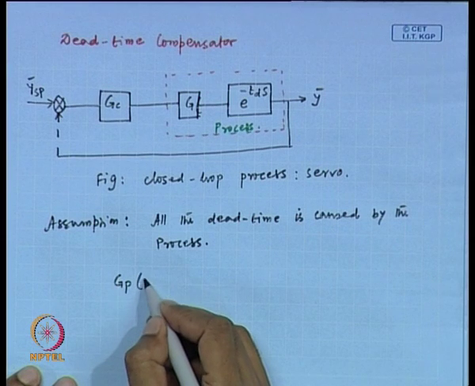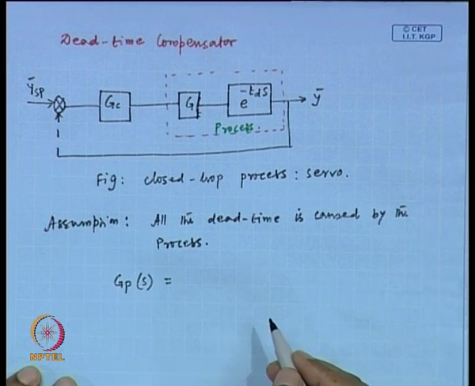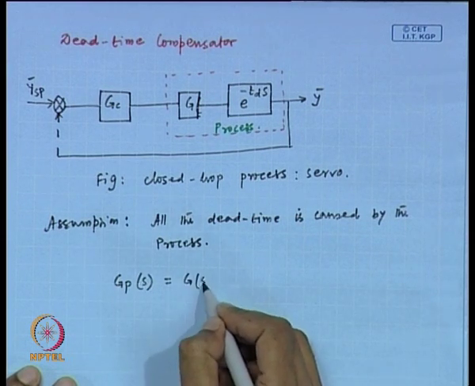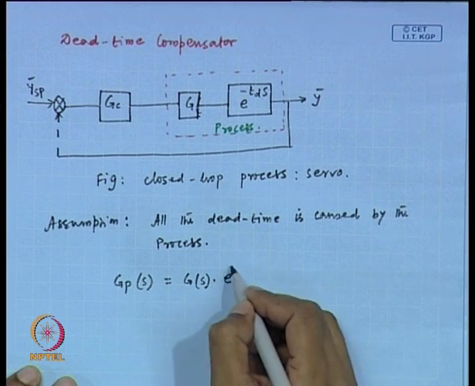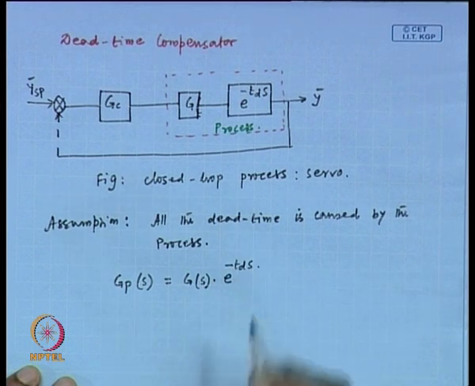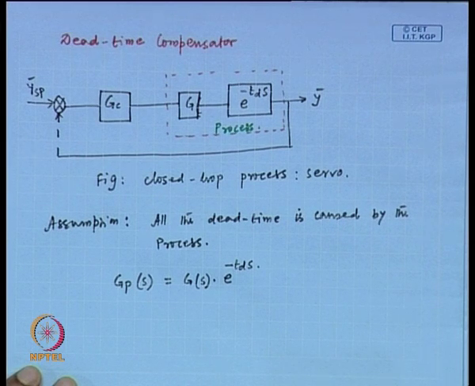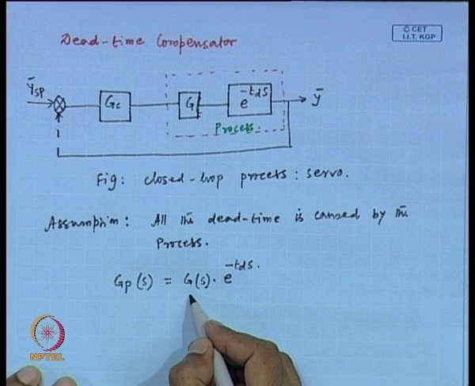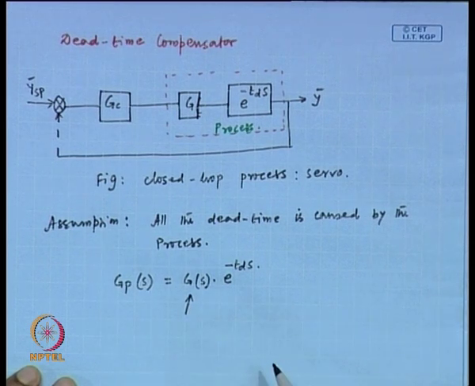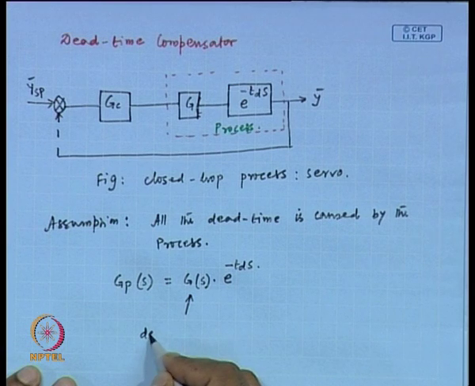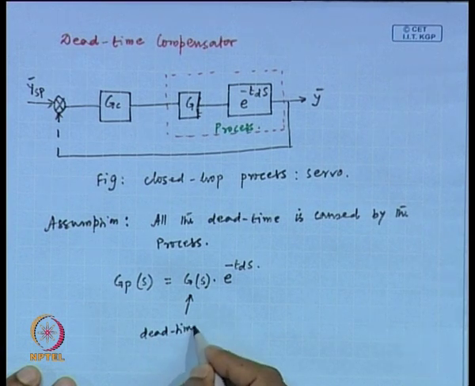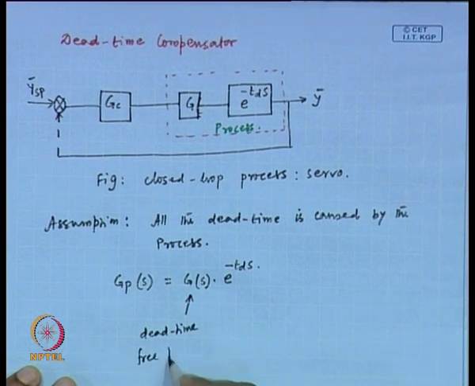So, here Gp is equal to Gs multiplied by exponential of minus Tds. Gs is the dead time free part, and this is the dead time part.